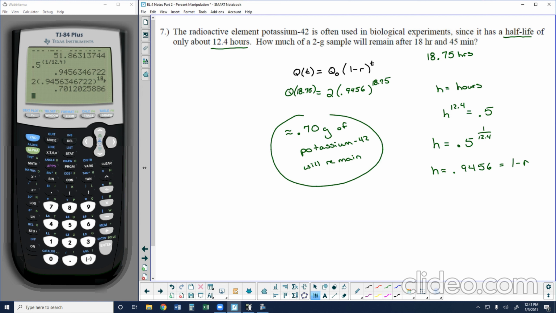So there are some examples of how we can use percent manipulation to rework problems into a manner that we can solve a variety of different example problems. Okay, so if the time domain is given or your growth rate is given with a different time domain than you need to solve, we now know how to manipulate exponents to be able to solve those equations.